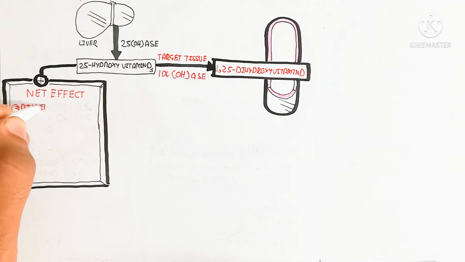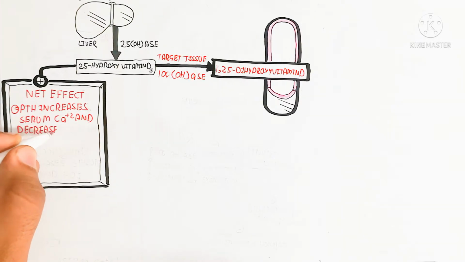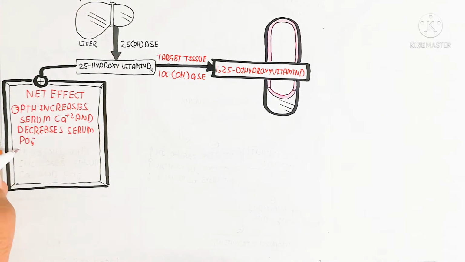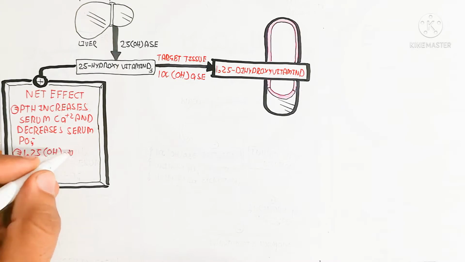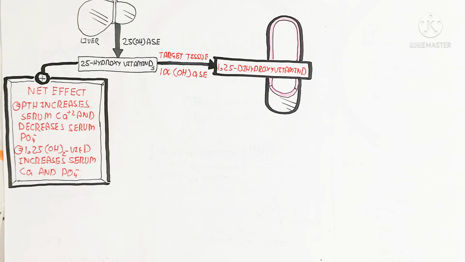For 25-hydroxy vitamin D3, the net effect on the parathyroid gland is that parathyroid hormone increases, and serum calcium and phosphate decrease. So 1,25-dihydroxy vitamin D3 increases serum calcium and phosphate.